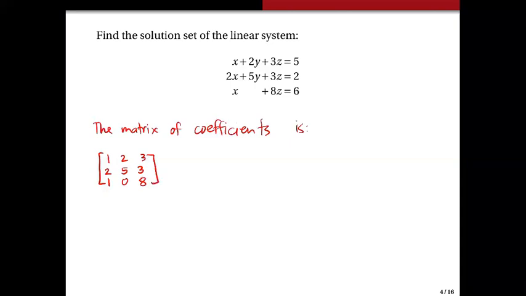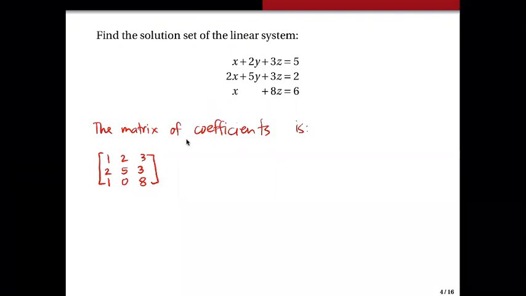So this is the matrix of coefficients. And what we're going to do, of course, is check whether this is invertible, okay? Or maybe, let's do this directly. Find the inverse of this immediately. Of course, if we cannot find the inverse, we will fail. It means this matrix is not invertible. On the other hand, if we do our process and find the inverse, then we're done. At least for the first part. Okay?